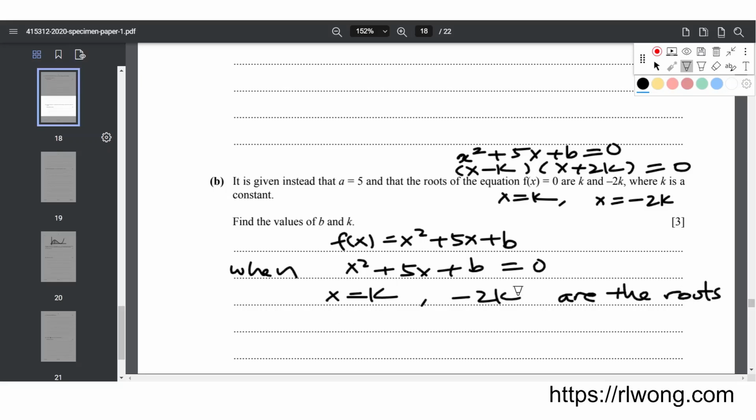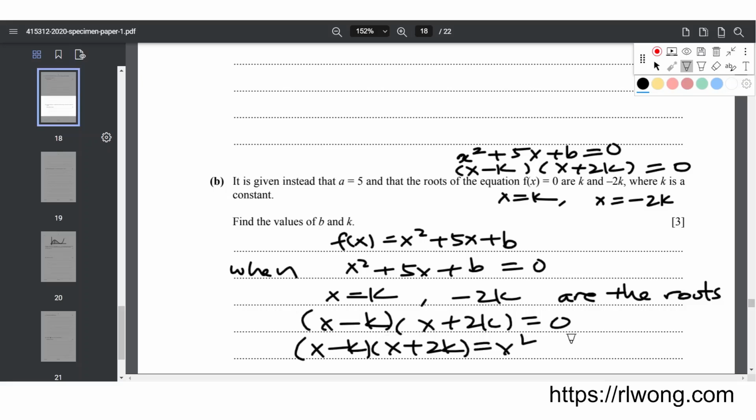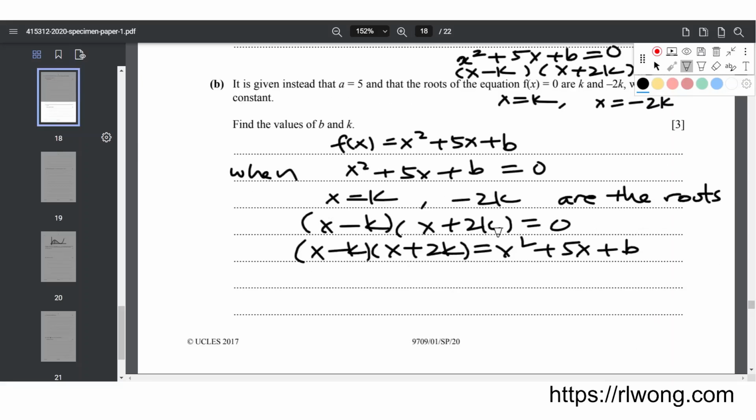Hence, I can write this in the form (x - k), so that I have the root k, and (x + 2k) equals 0. And this must be equal to this, right? So (x - k)(x + 2k) is equal to x squared plus 5x plus b.